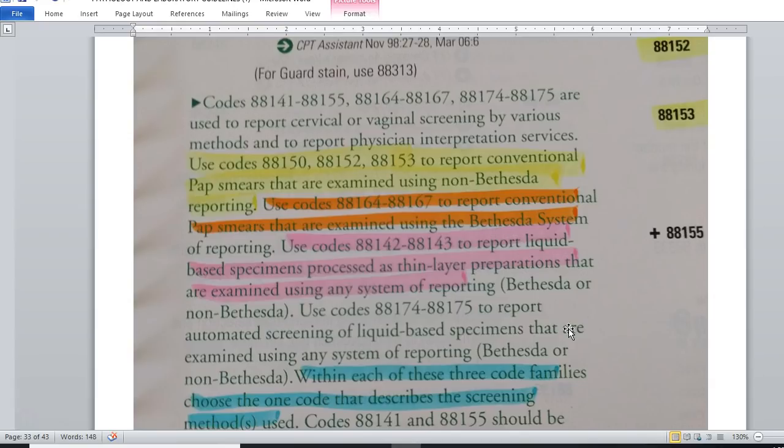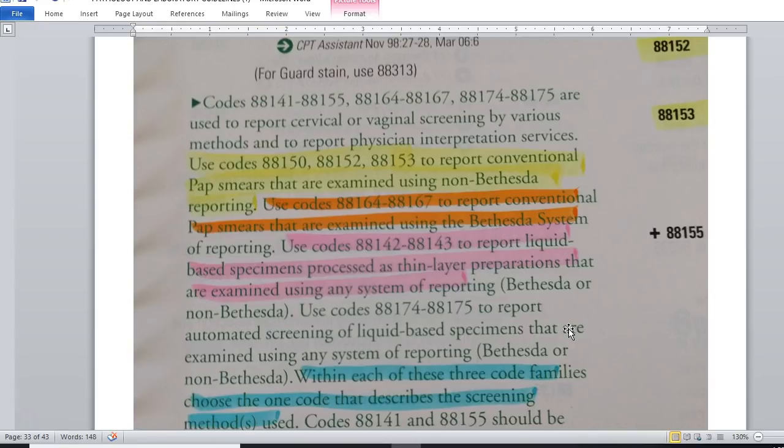So they tell us that codes 88141 to 88155, 88164 to 67, and 88174 to 75 are used to report cervical or vaginal screens by various methods and to report physician interpretive services. Use codes 88150, 52, and 53 to report conventional pap smears that are examined using non-Bethesda reporting.